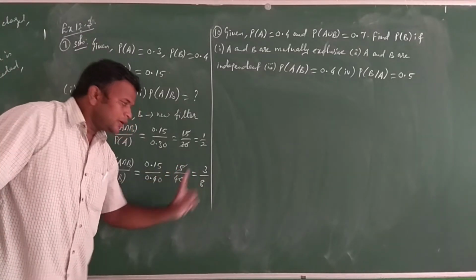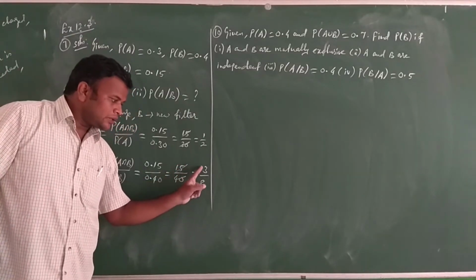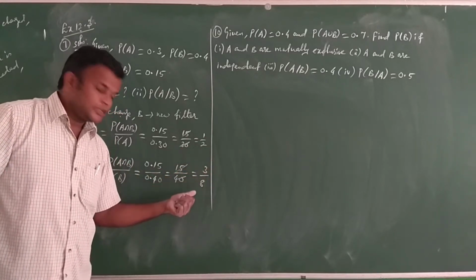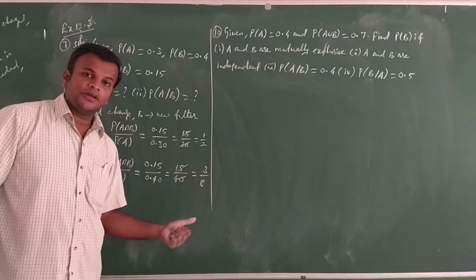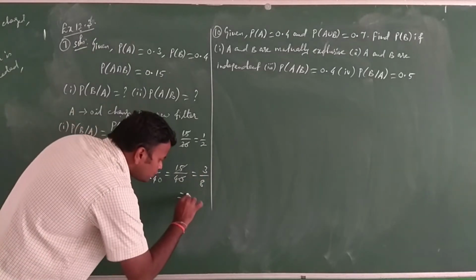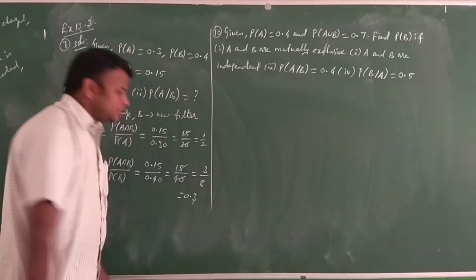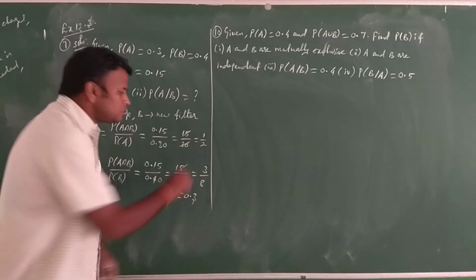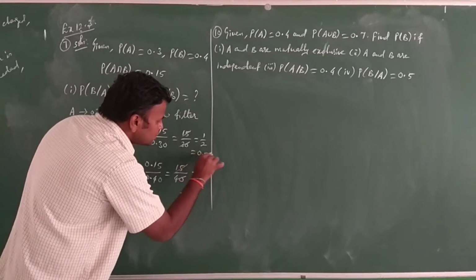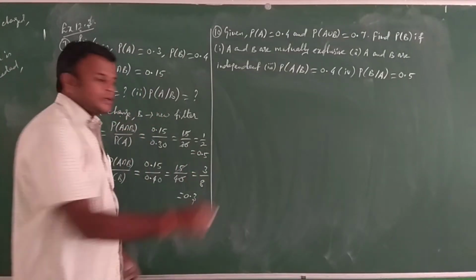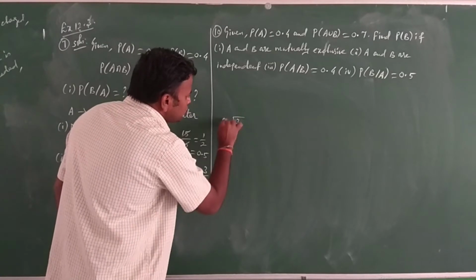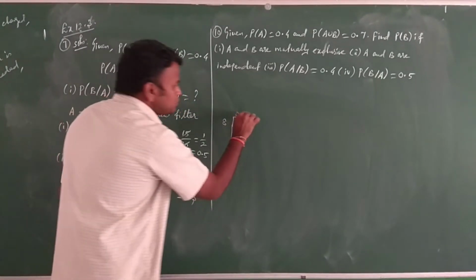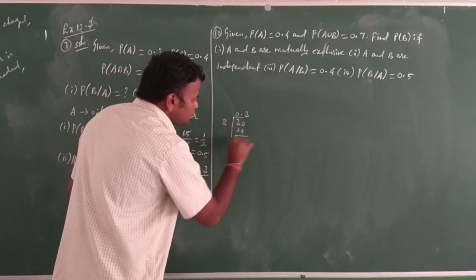To convert 3 by 8 to decimal, we divide 3 by 8. Suppose 1 by 2, you know, is 0.5. So I have doubts, okay, I divide 3 by 8. 30, 3 times 8 is 24.